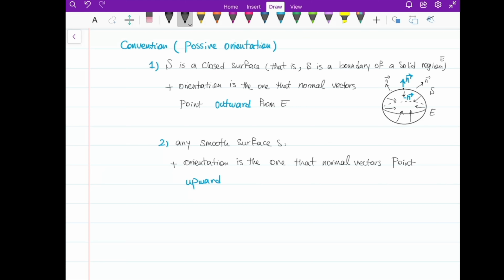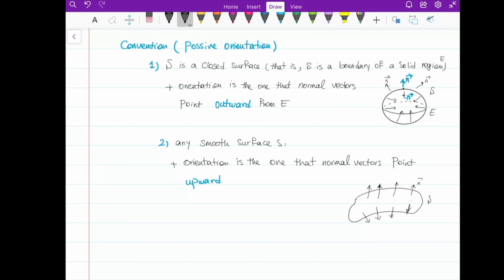Okay, so assume that we have a surface S like this, for example. It is not closed, and at any point we have two choices. One of them is downward like this, the other is upward.